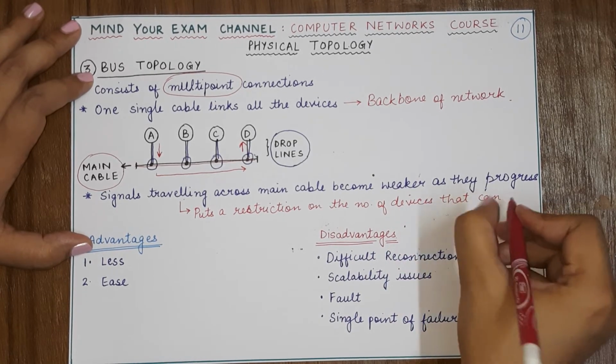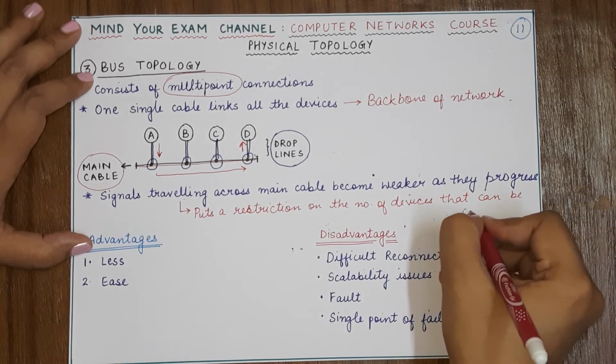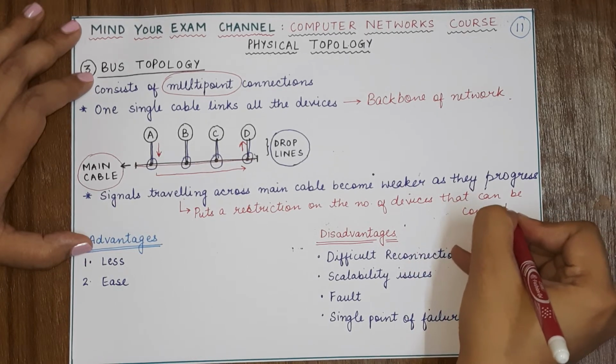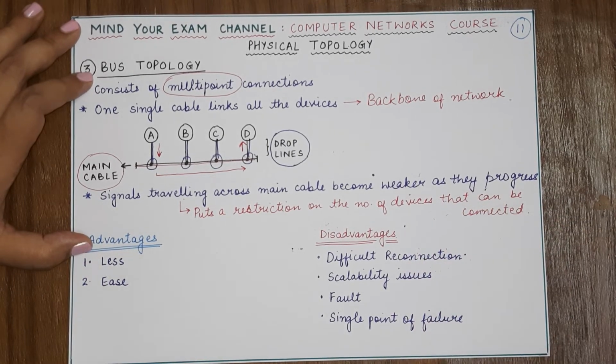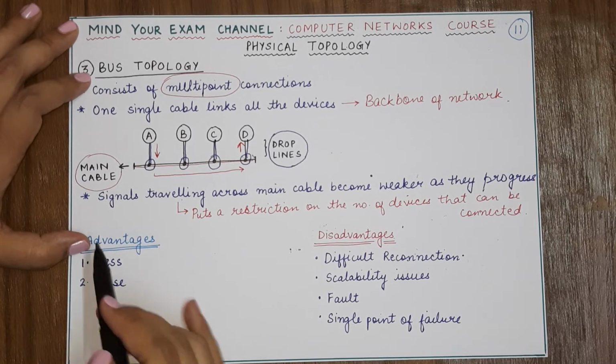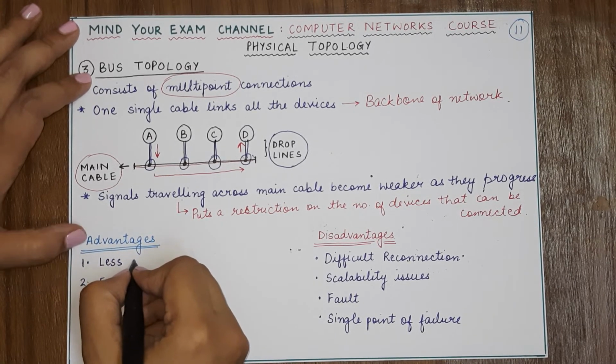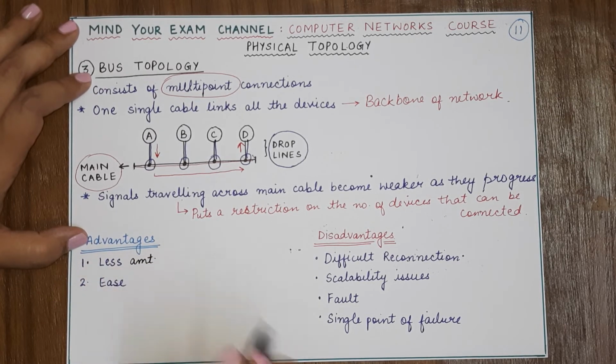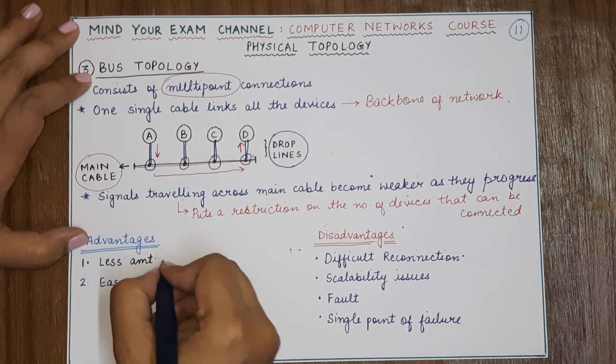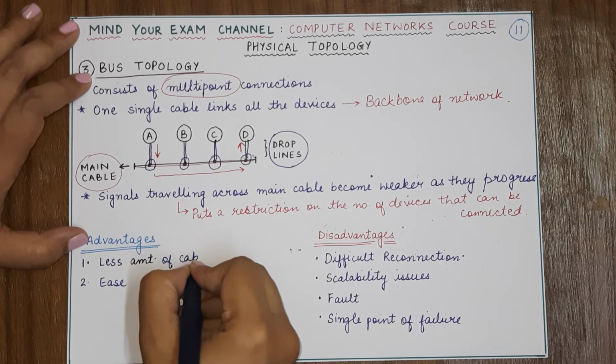So coming to the advantages and disadvantages of this bus topology. Starting with the advantages, definitely this topology requires less amount of cabling as compared to the other two topologies. And why is a lesser amount of cabling required?